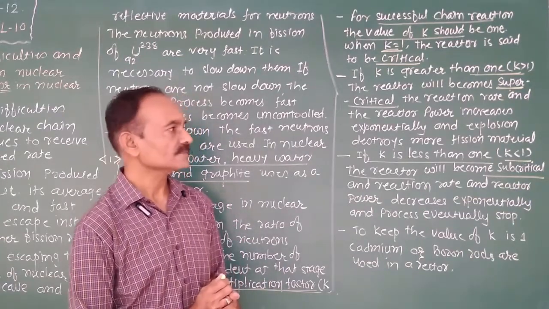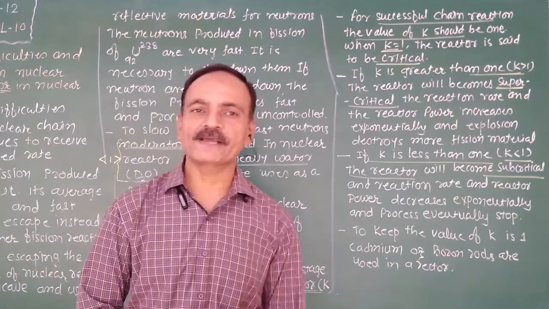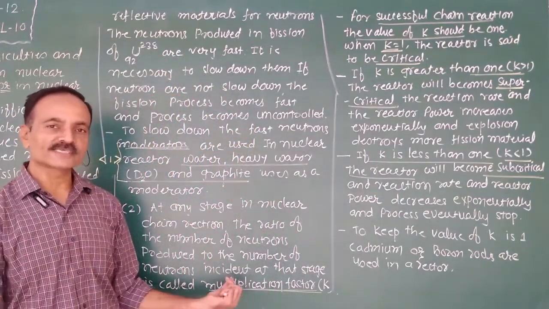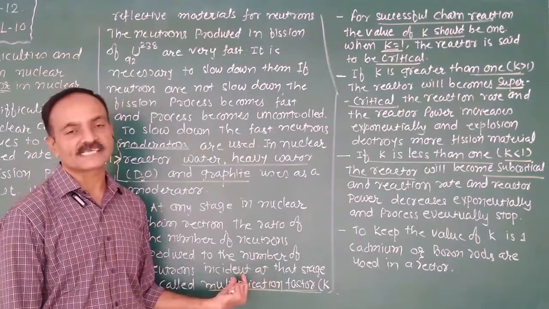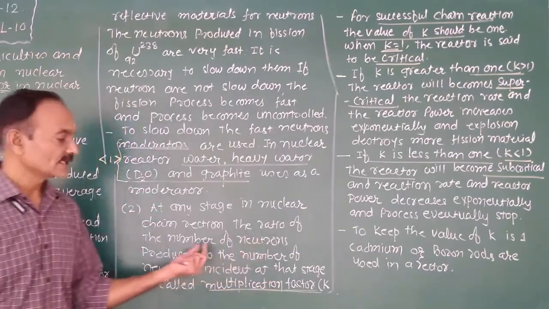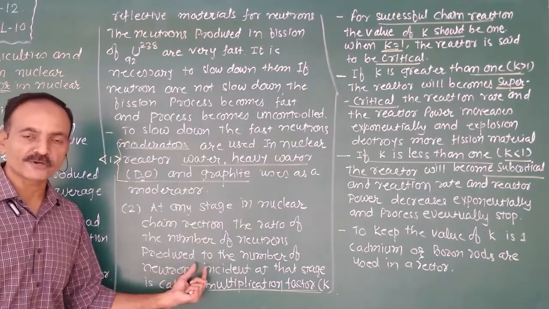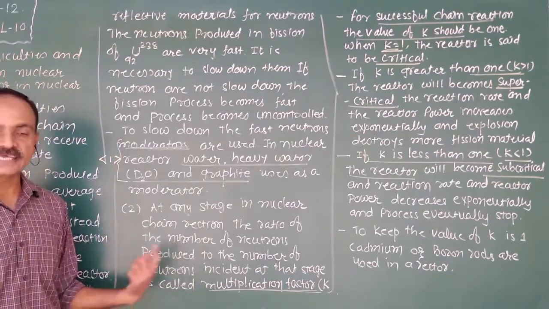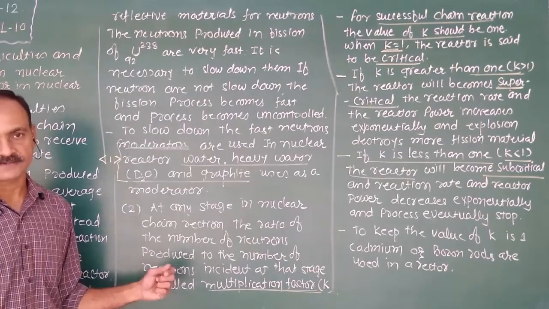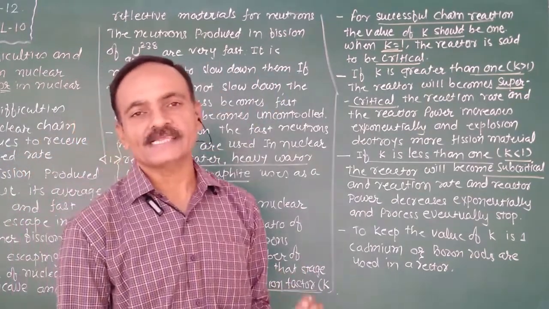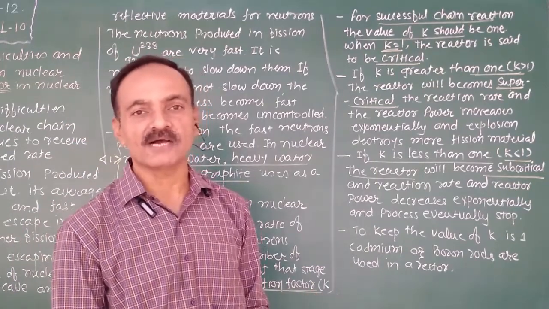Right? Okay. So here the second difficulty is about the number of neutrons produced and the number of neutrons incident at any stage. The ratio of the number of neutrons produced to the number of neutrons incident at that stage is known as the multiplication factor. For a successful chain reaction, the value of K, that means the multiplication factor, must be 1.